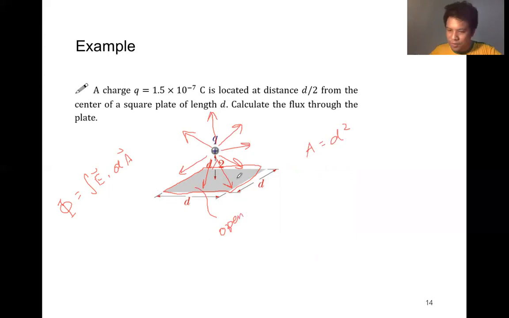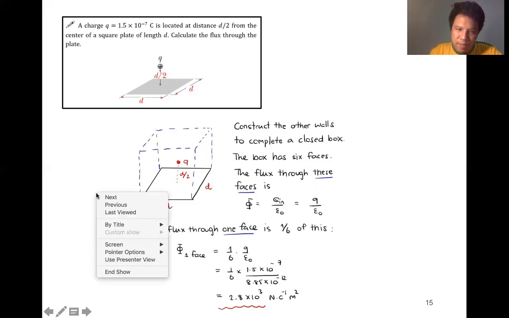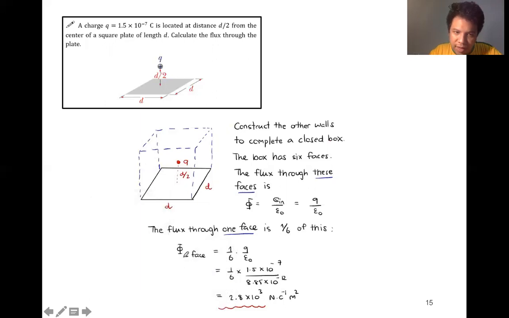Okay, but we try to do some trick here. Instead of looking at just one side of the surface, we assume that there is a cube around the charge, and the charge is at the center of the cube.